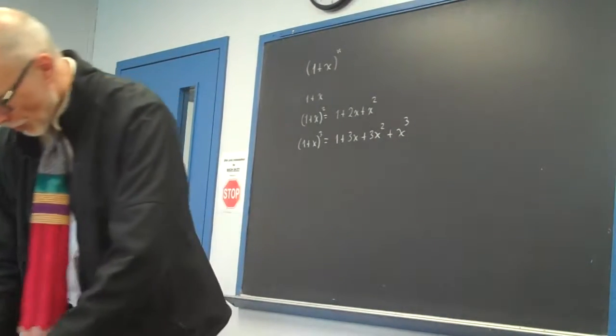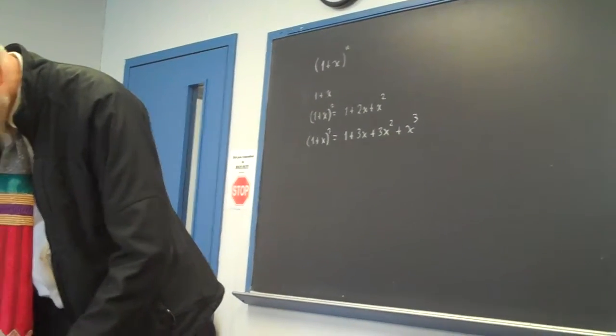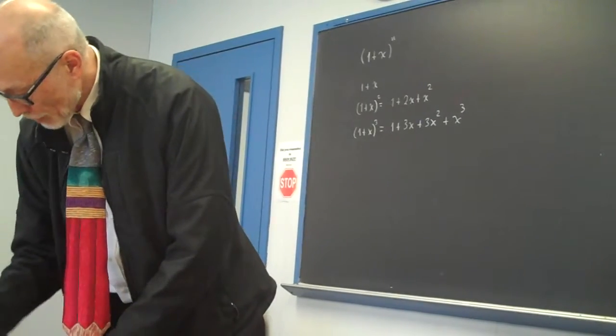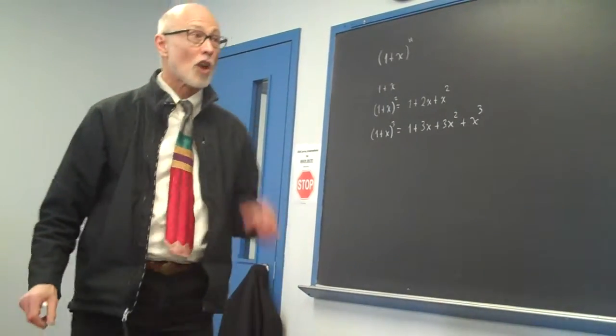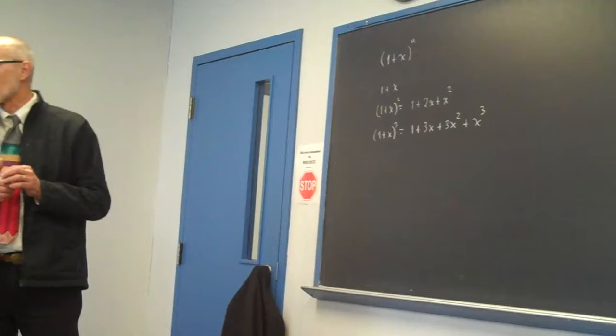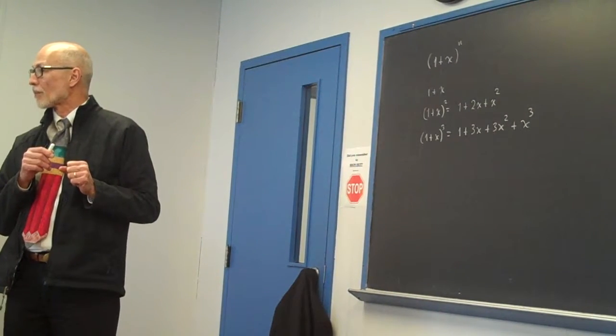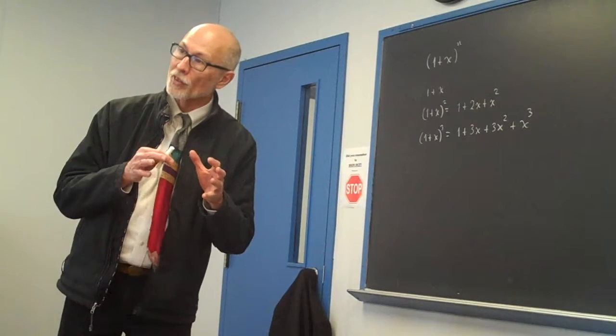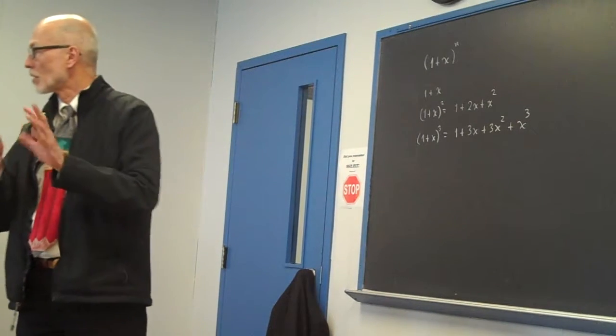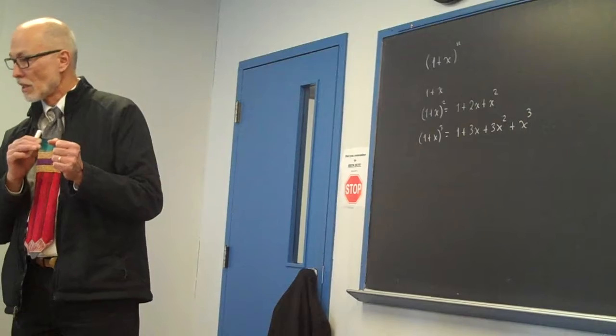Let me pause for a second and speak a little bit about calling this Pascal's triangle. In point of fact, this family of numbers showed up around 200 BCE.